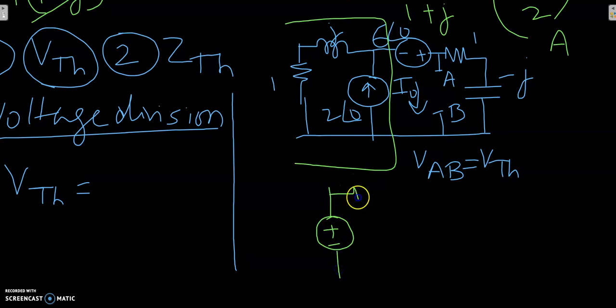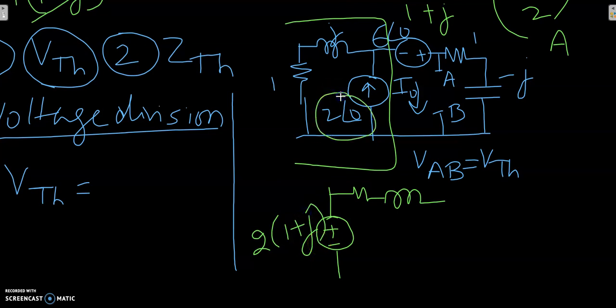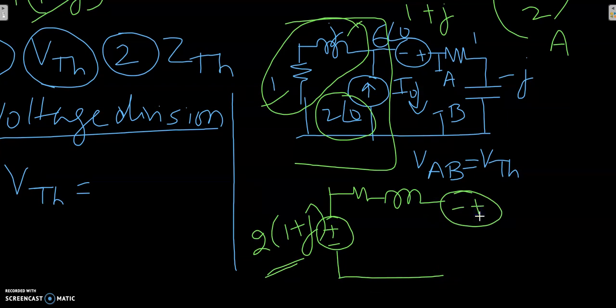This would be replaced by a resistance and an inductor in series with a voltage source, and the amplitude of this voltage source would be 2 times 1 plus j. Why? Because the current is 2, this is 1, this is j, 1 plus j is the total impedance here. So 2 times 1 plus j gives you the voltage. This is in series with this voltage source, which is 6 angle 0 degrees.